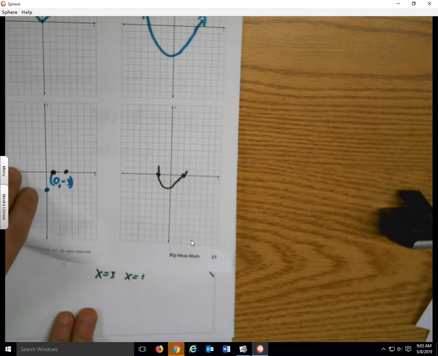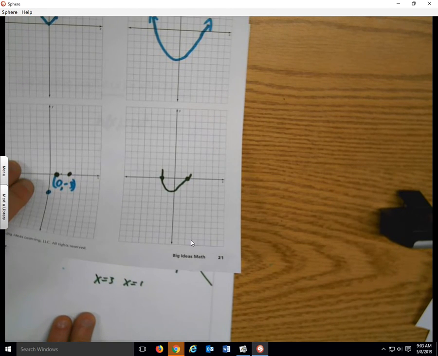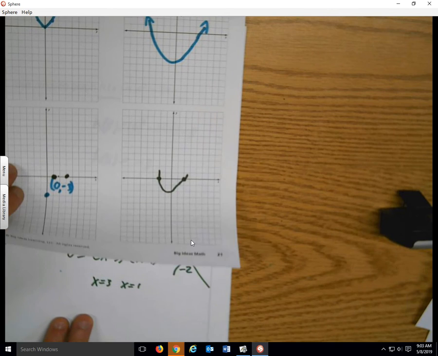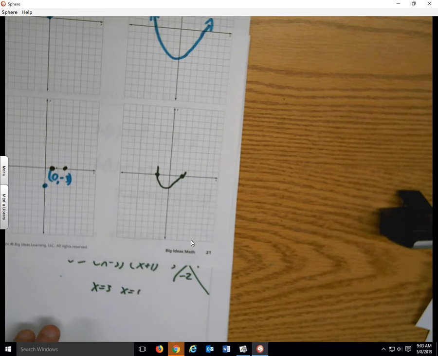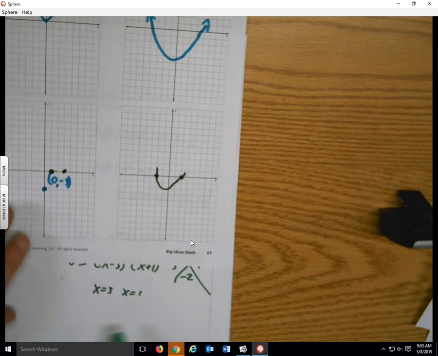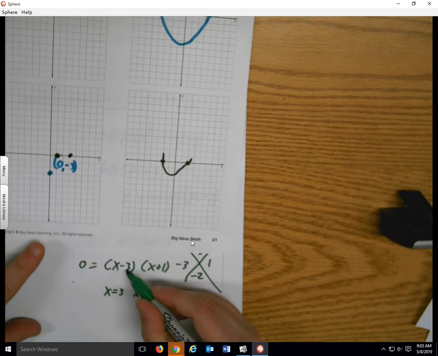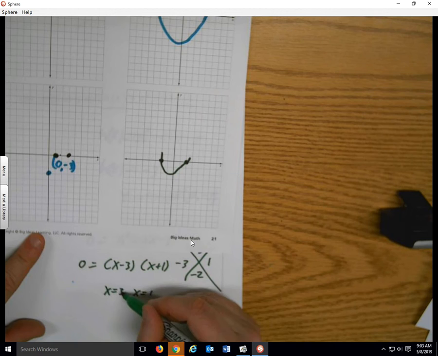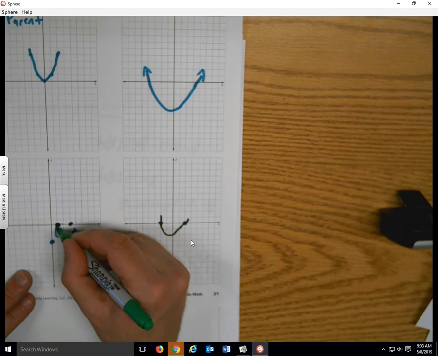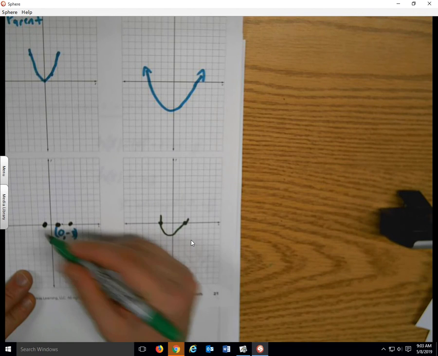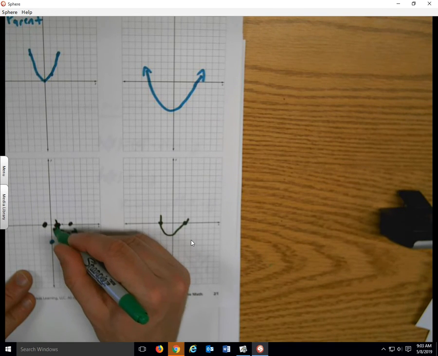You know what? Let's see something real quick. Oh, I made a mistake, didn't I? I did make a mistake. I should have taken the opposite. This is a negative 3, this is a positive 3, this is a positive 1, this should be a negative 1. So instead of being a positive 1, it should have been a negative 1. This should not be here.